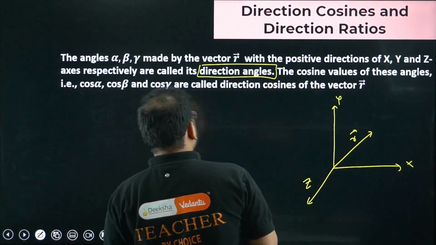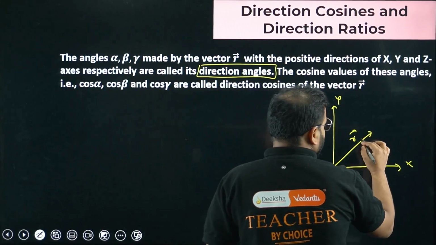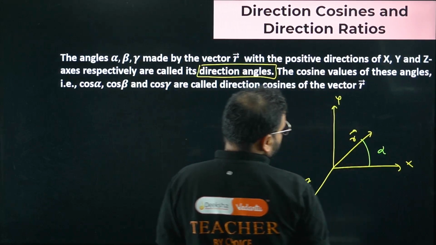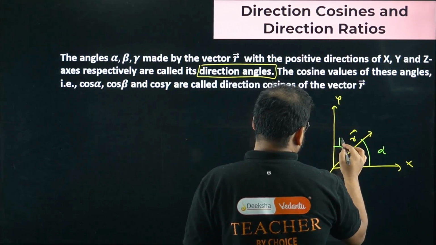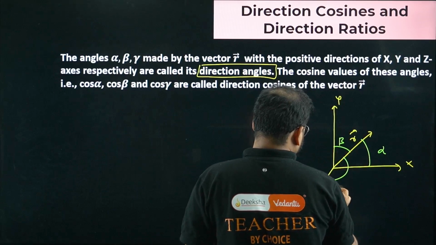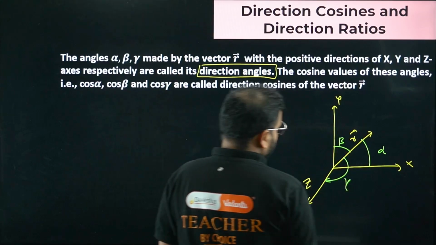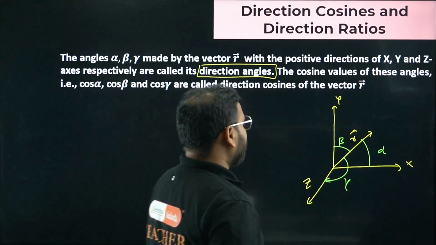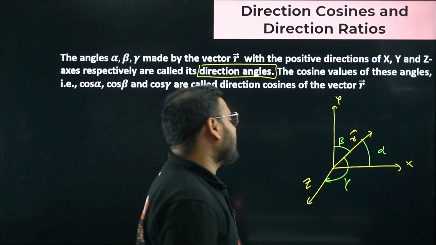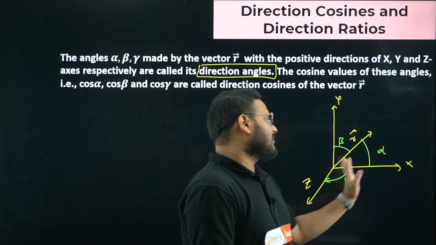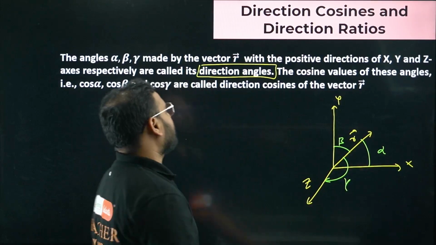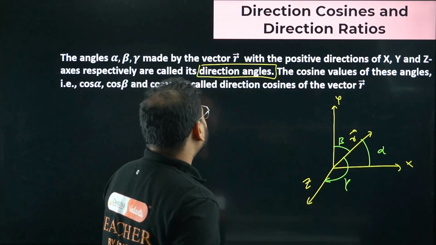This is your angle alpha, this is your angle beta, and angle gamma. Alpha, beta, and gamma are the angles with the x-axis, y-axis, and z-axis subtended by the vector R. Okay, so these are called your direction angles.